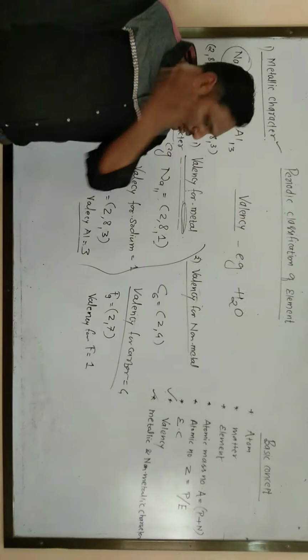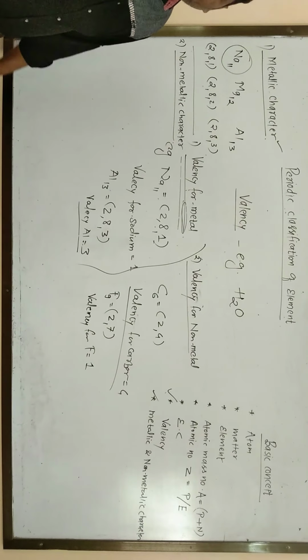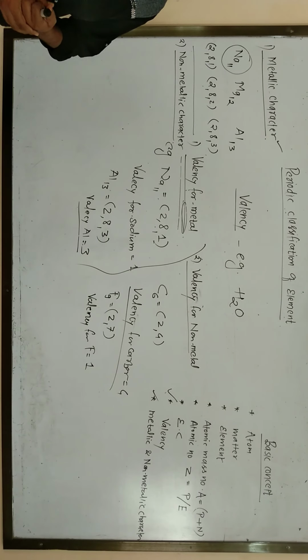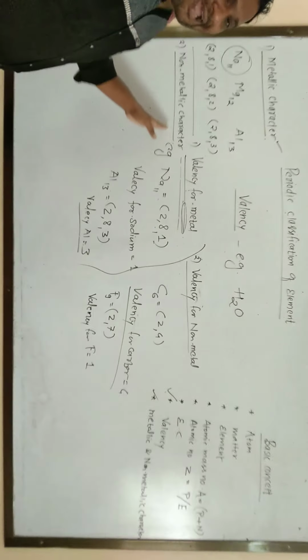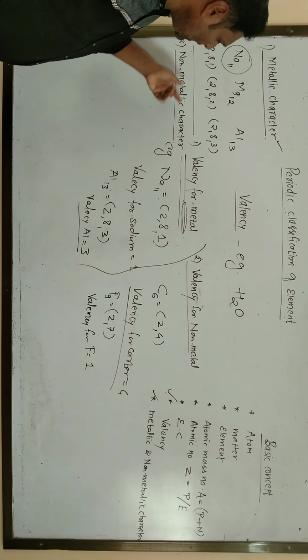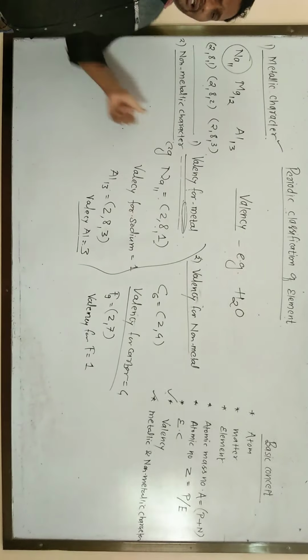Non-metallic character means the tendency of a non-metal to gain or accept the electron from a neighboring atom. This tendency is called non-metallic character, or it is also called electronegative character.